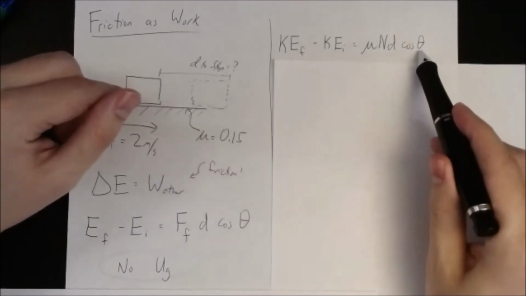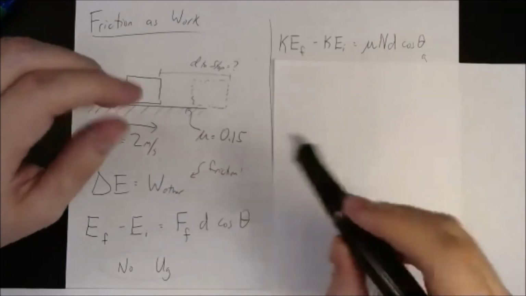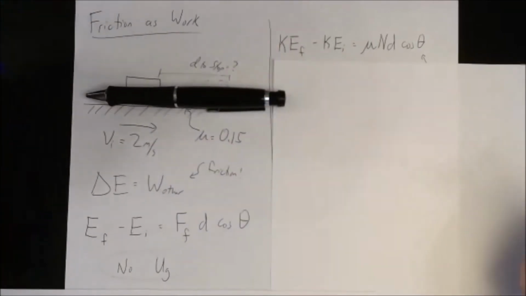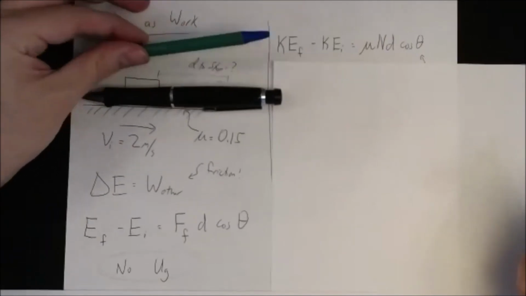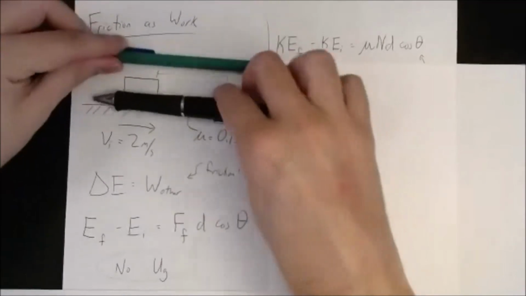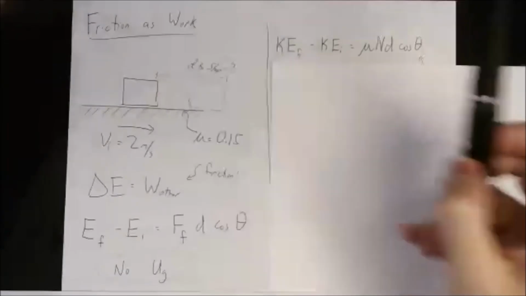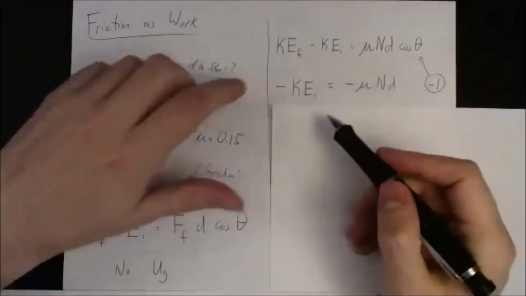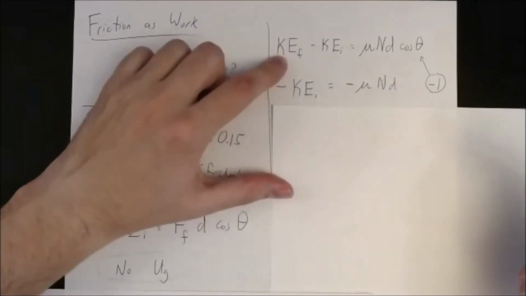Theta is the angle between the force of friction, which is that way, and the direction of motion, which is that way. And the angle between this and this is 180. Cosine of 180 is -1. I can say that the kinetic energy final is 0.